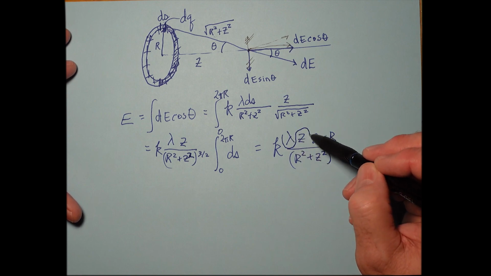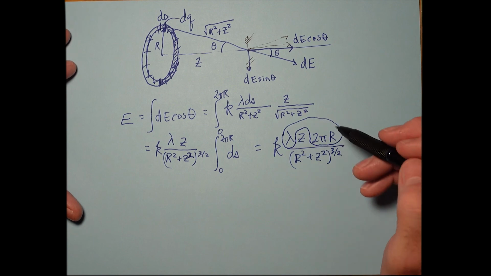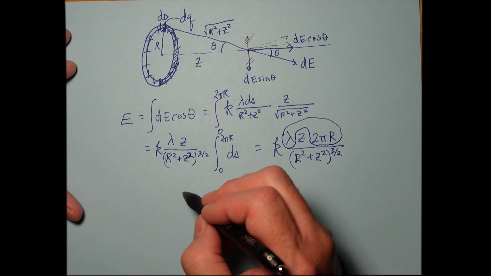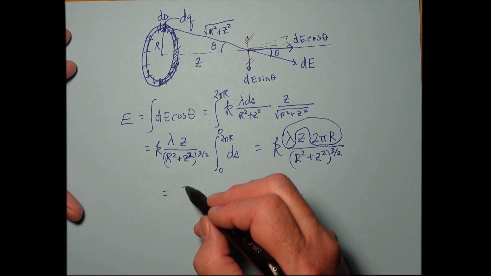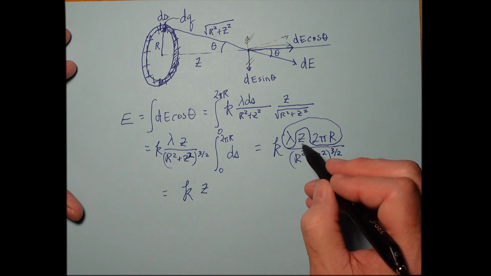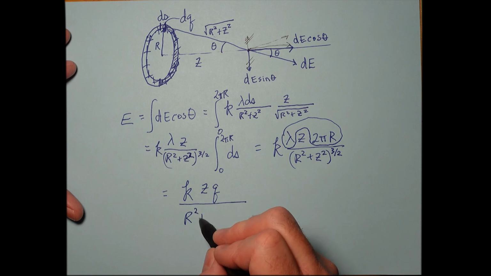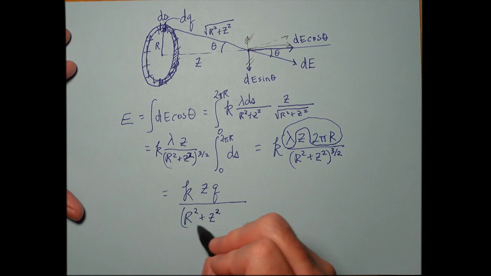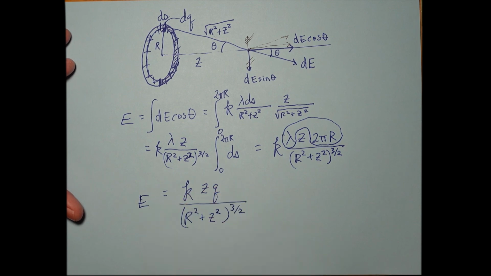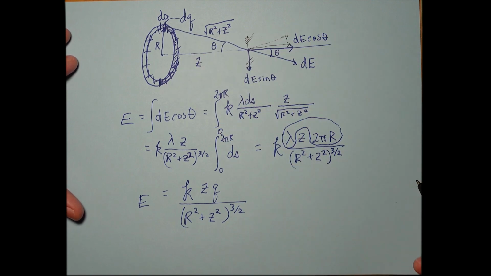So if I take the linear charge distribution and multiply it by 2 pi r, that's the total charge. So this is K times z times Q over r squared plus z squared to the 3/2. There you have the electric field for this distribution some distance z away.